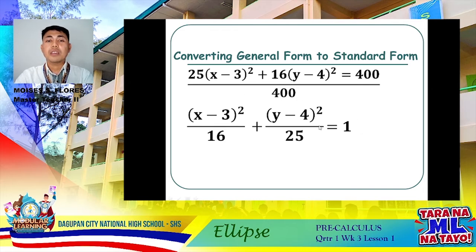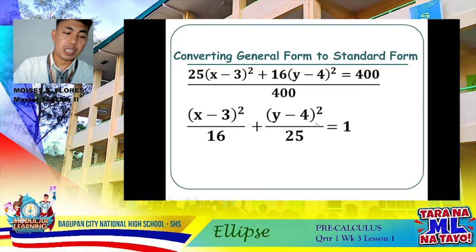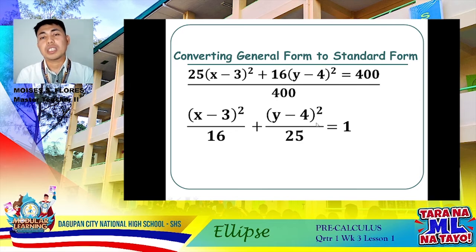Again, recall, we're going to group the terms with respect to your variable, and of course, the constant is to be written on the other side. Okay, and of course, extract the numerical coefficients of your variable on the second degree and apply completing the square. Of course, take note of the factor. You're going to multiply the factor on the other side.